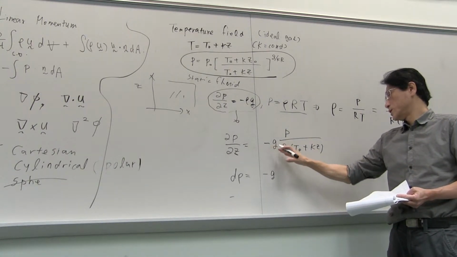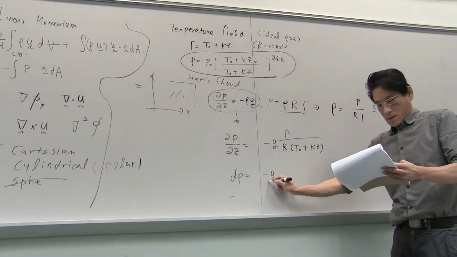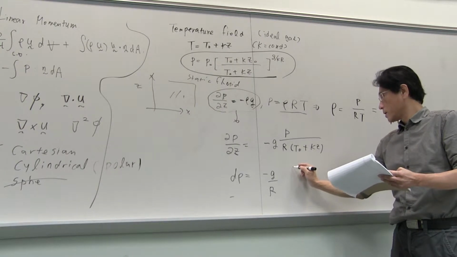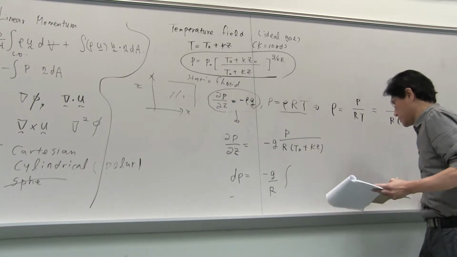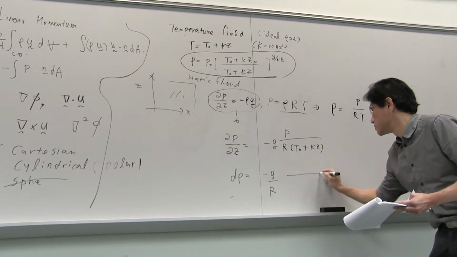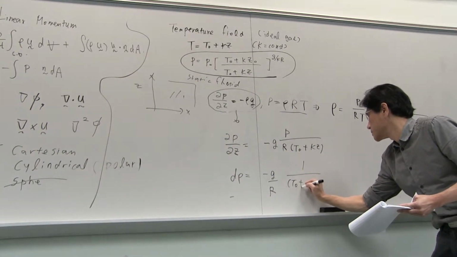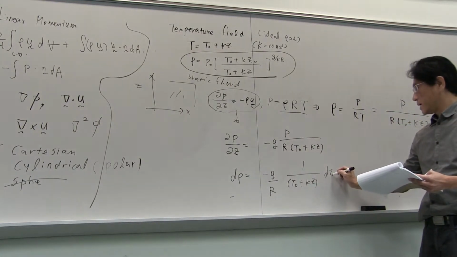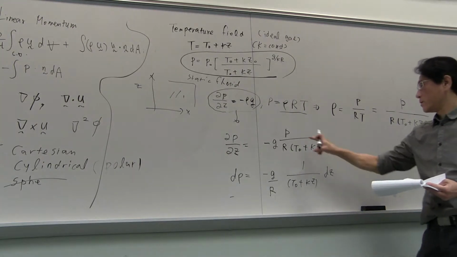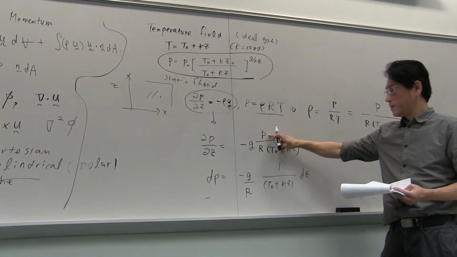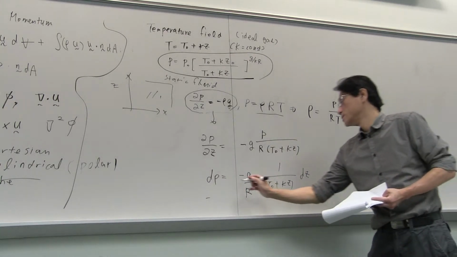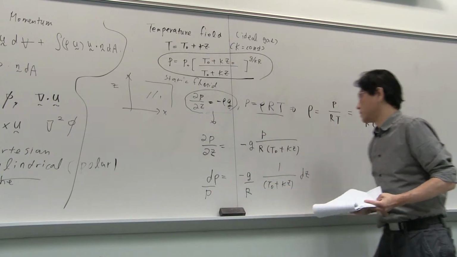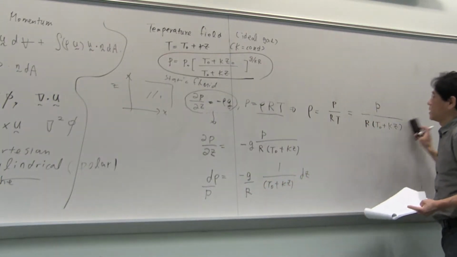But g and R here, so you get the integral of 1 over (T naught plus k z) dz. What about the P? P must go to the left-hand side, so it's divided by P here.